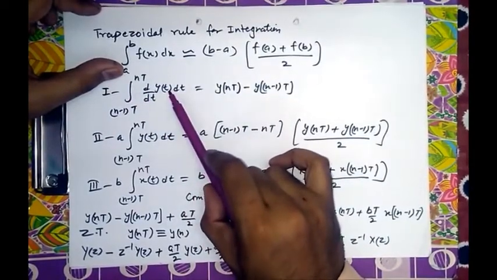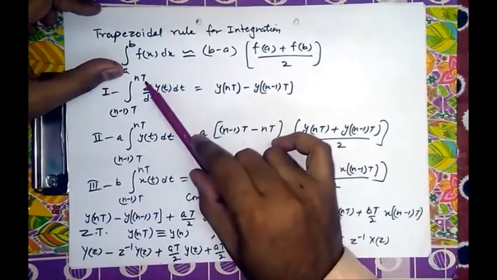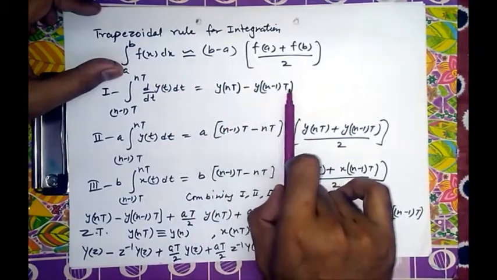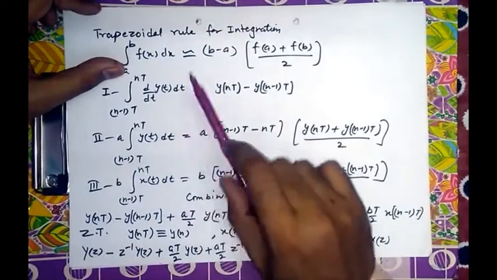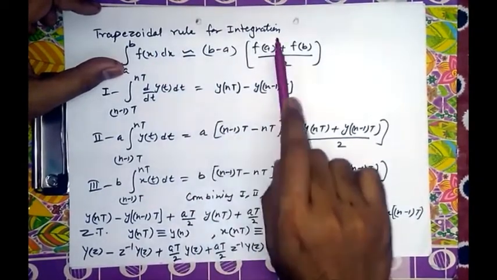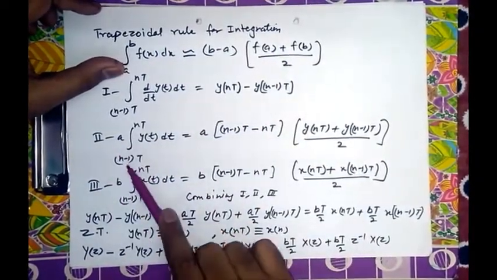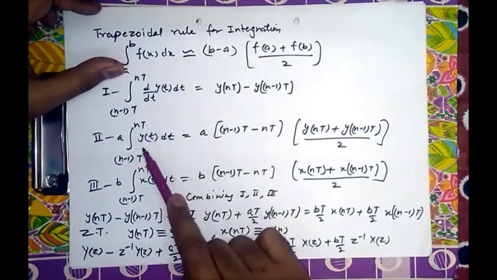It becomes y(t), and putting the limits, y(nT) minus y((n-1)T). It is a simple integration. In the second and third terms we use the trapezoidal rule of integration, where a is constant: integral from (n-1)T to nT of y(t) dt.